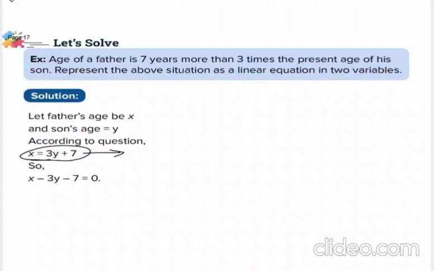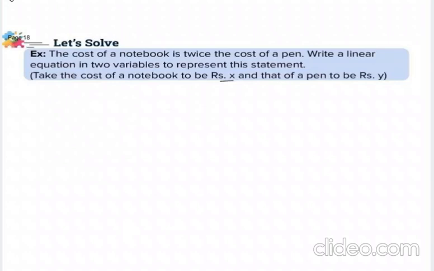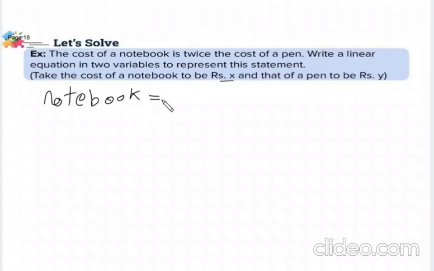As you can see, that is my answer. Next question. The cost of a notebook is twice the cost of a pen. Write a linear equation in two variables to represent this. The cost of the notebook is rupees x and the cost of the pen is rupees y.